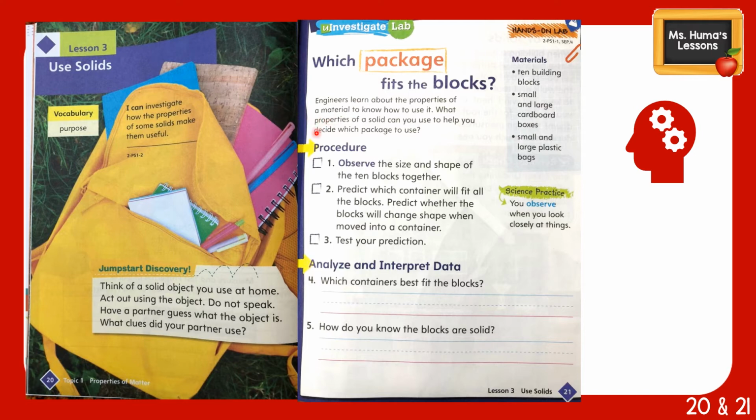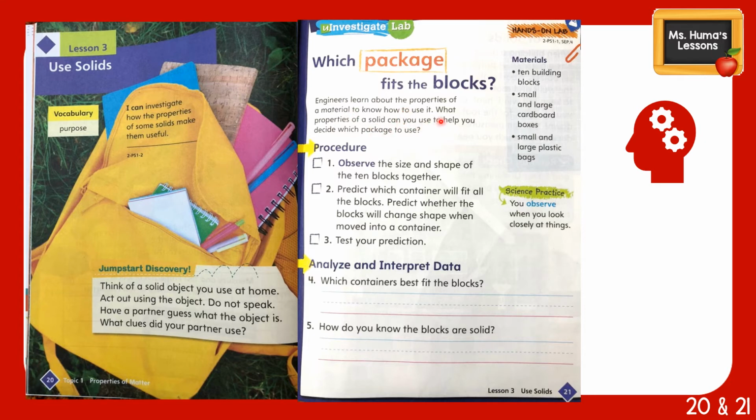And we also know there are some properties of matter that we can test and measure, like floating and sinking, magnetism, flexibility. These things we can test. So engineers are always studying the properties of material before they go on making things out of them.